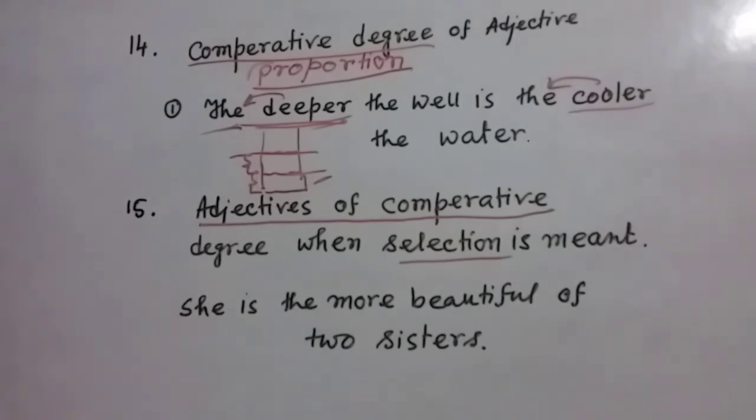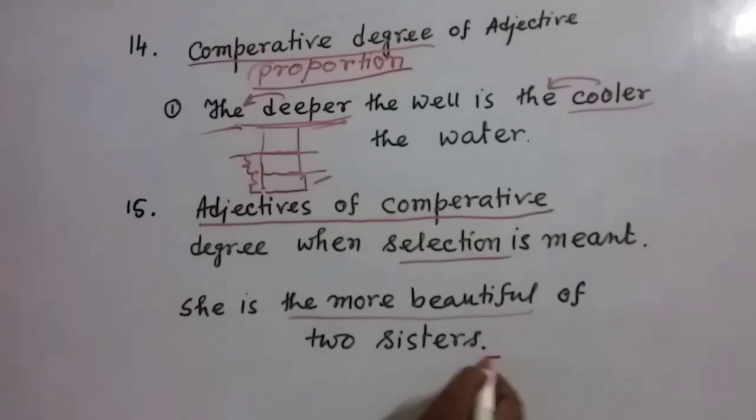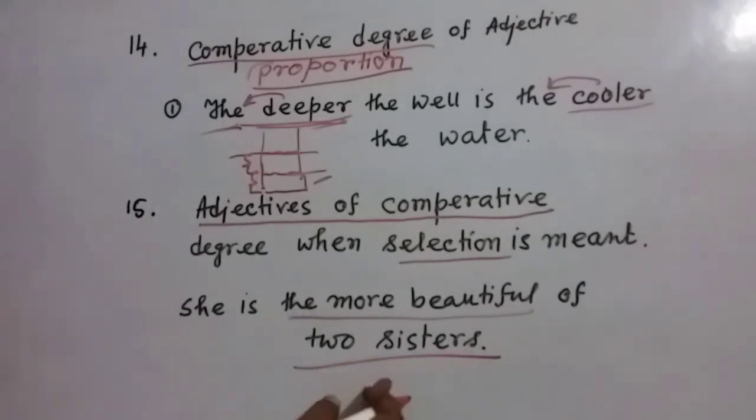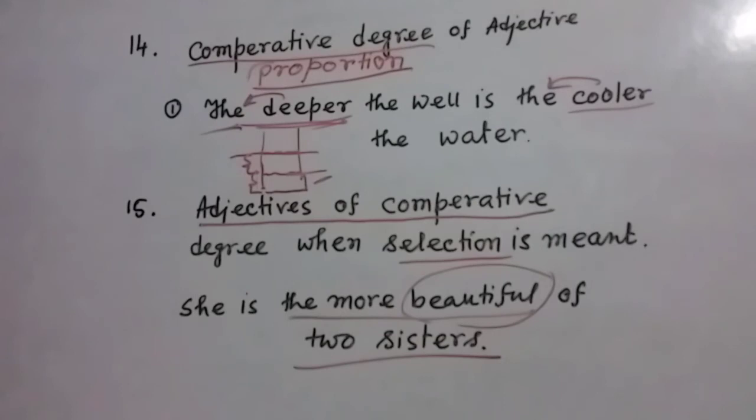Let's look at the example. She is the more beautiful of two sisters. So my dear friends, there are two sisters and we are going to compare who is more beautiful. That means there is a selection in this comparison. We are selecting one out of these two. So in this situation, we can use the term the.